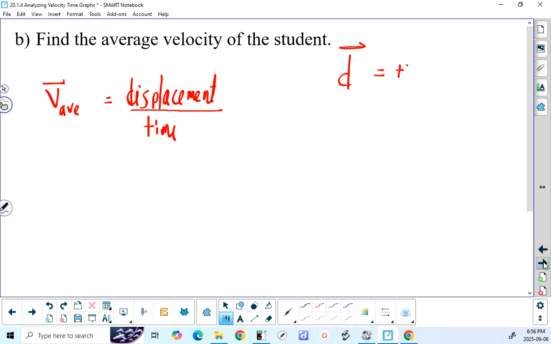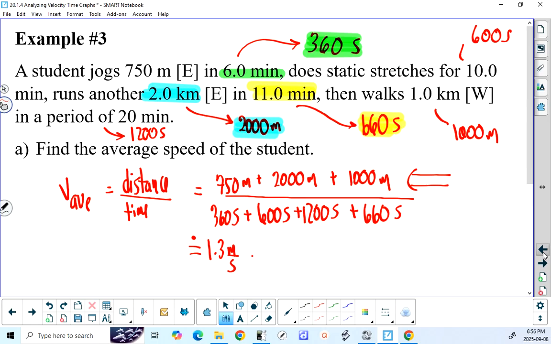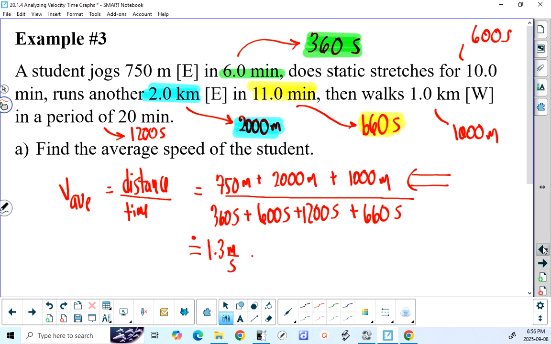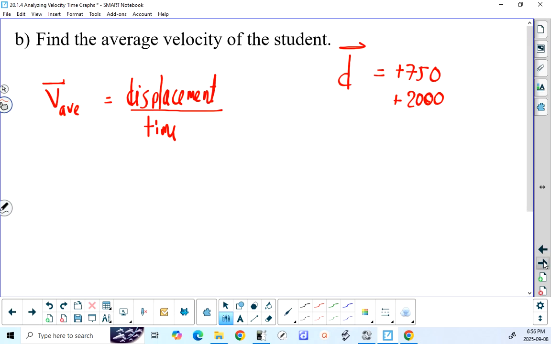So it's 750 meters east is positive, 2,000 meters east is positive, and then 1,000 meters west is negative, so I can put a negative 1,000 here, and I can add these up. I think that's 1,750. I'll check it with my calculator in a bit, but since I'm getting positive, that would mean the total displacement is to the west. I don't need to check that with my calculator. 2,000 minus 1,000 is 1,000, plus the 750 is 1,750.